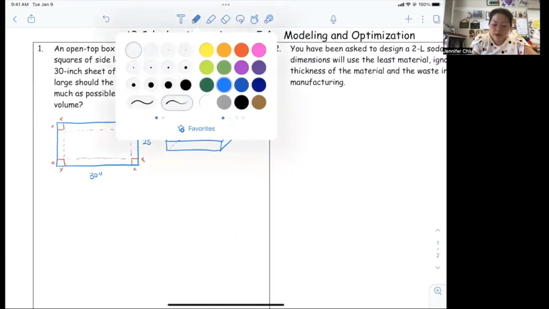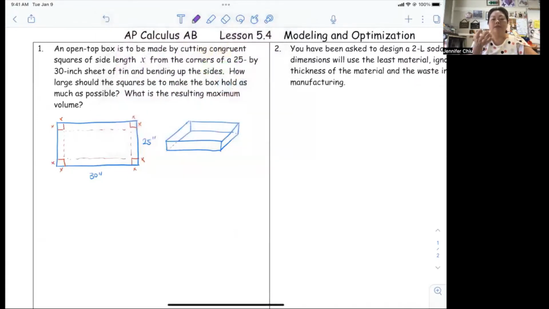Okay, so now what we are going to explore is what are the dimensions of this box. So this length right here would be 25 minus the 2x's you cut out. This width right here would be 30 inches minus the 2x's you cut out.